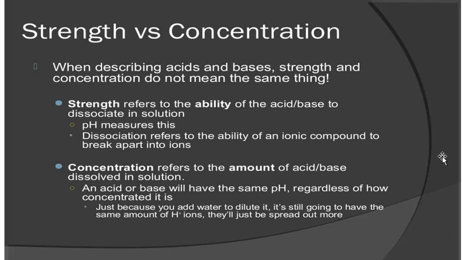We have already studied a few examples of strong acids and weak acids, and similarly strong bases and weak bases. Why are they said to be strong and weak? If the acids produce more H plus ions, they are strong acids. If they produce fewer H plus ions, they are weak acids, and so on.